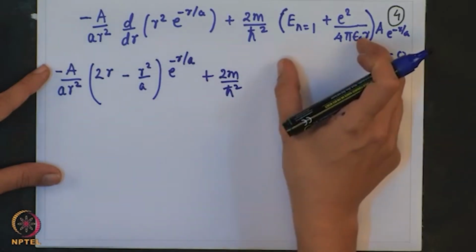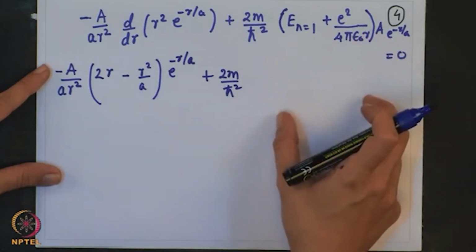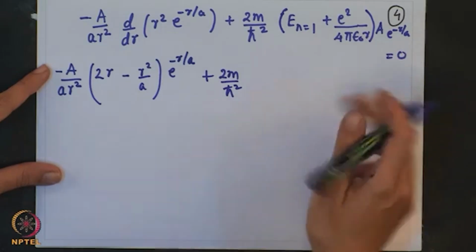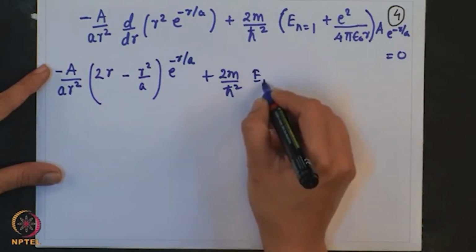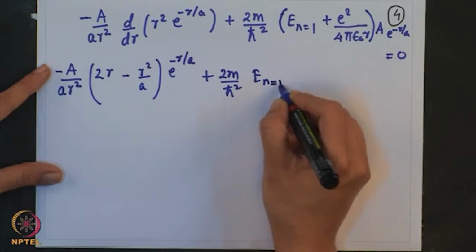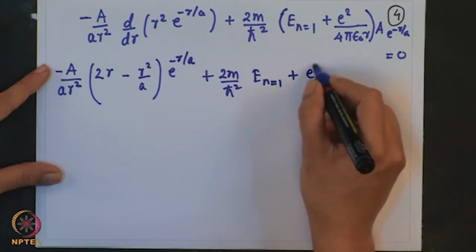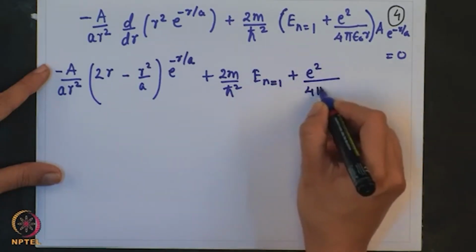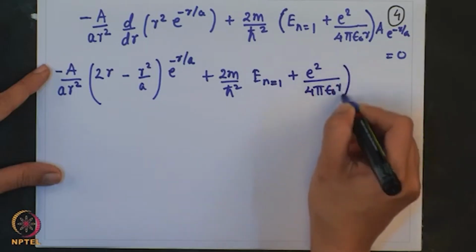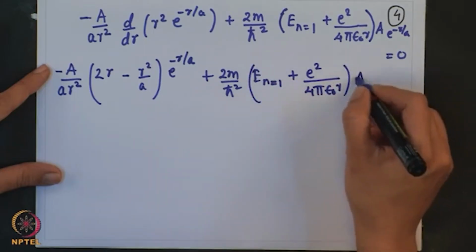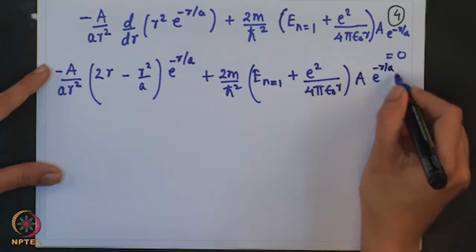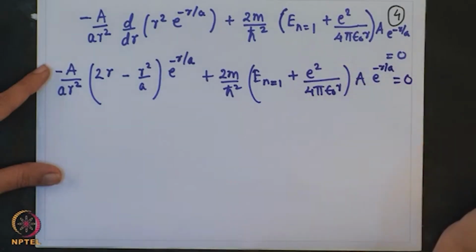This term will remain as it is, it will come down because there is nothing to operate on. This is E plus E square upon 4 pi epsilon naught r times the wave function a e raised to minus r by a, which is 0.